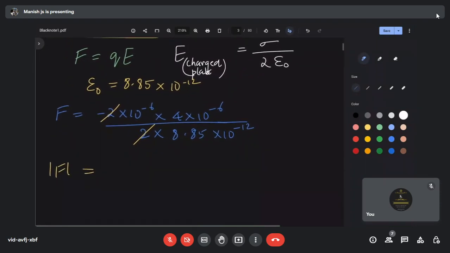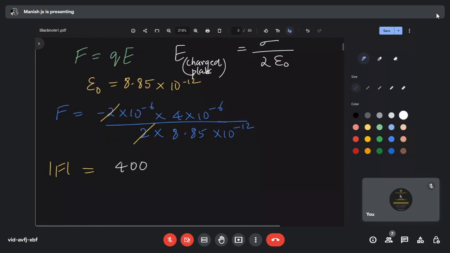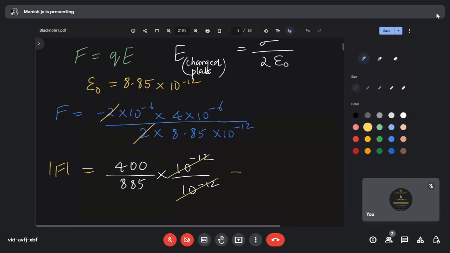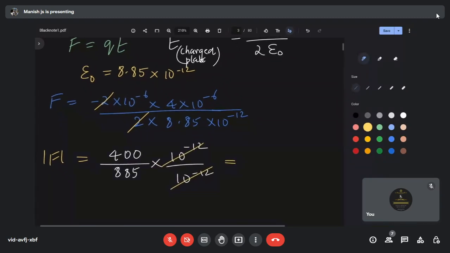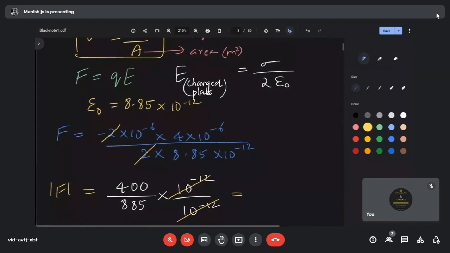4 by 8.85. If we convert 8.85 to a fraction, you will get 400 upon 885 into 10 power -6 by 10 power -12. The two -12 exponents, you can cancel. Understood? So above there is a -12 and below there is a -12, so you can cancel both. So what is the final answer that you are getting? 400 upon 885. Convert the fraction to a decimal. What is the answer?